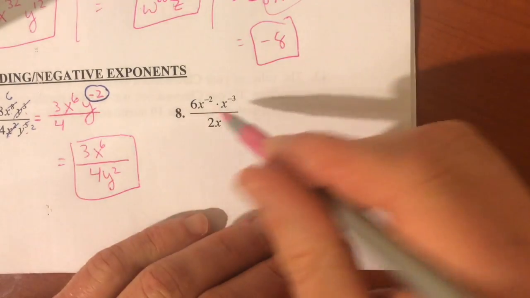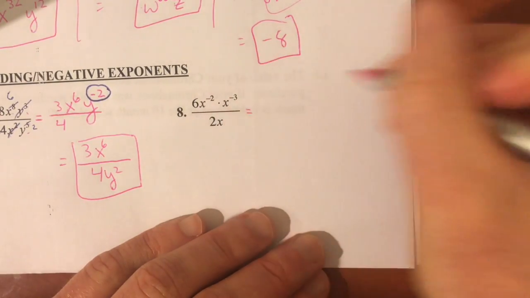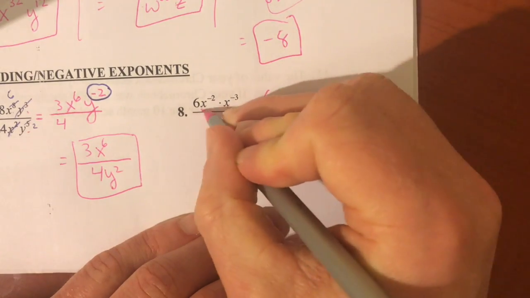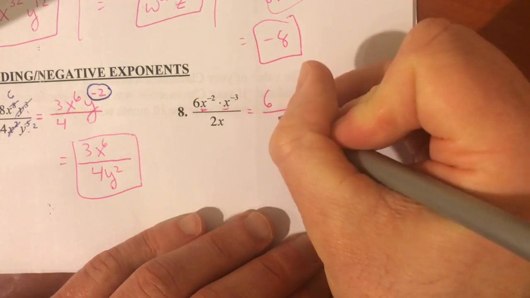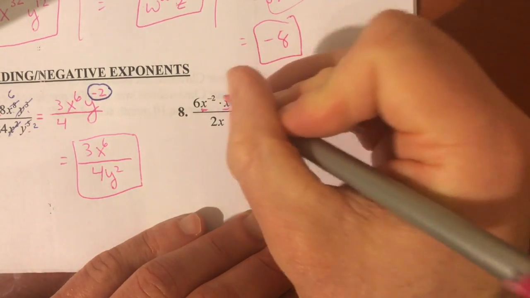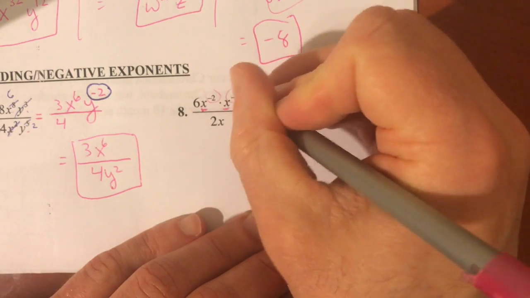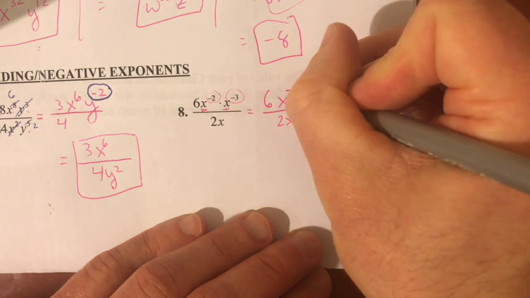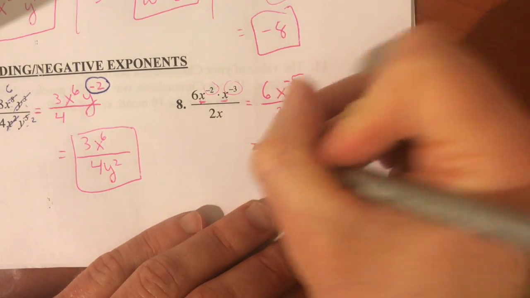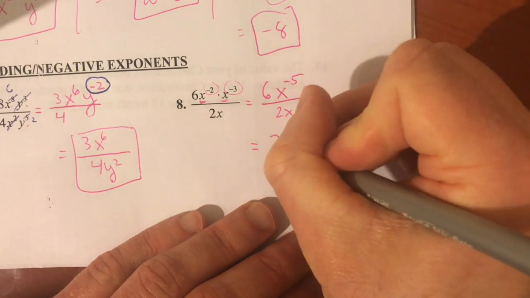All right, so here we go. We got a bunch of x's together here, so I'm going to do a couple little simplifying steps. First thing I might do is maybe multiply these together. They're a common base, x and x. So x to the negative 2nd times x to the negative 3rd is x to the, we add their exponents when we multiply, and that will be x to the negative 5th. Okay, and now let's divide. 6 divided by 2 is 3.